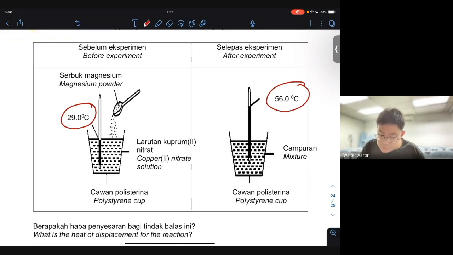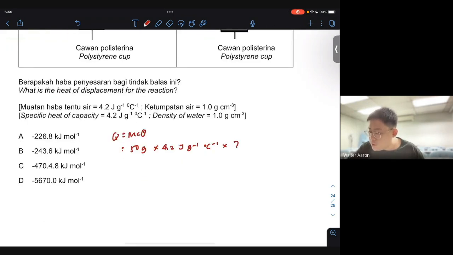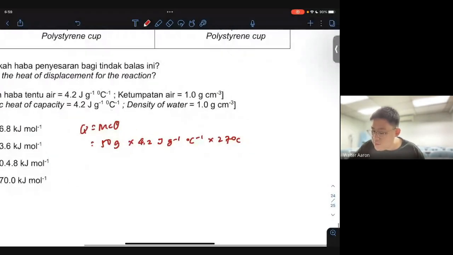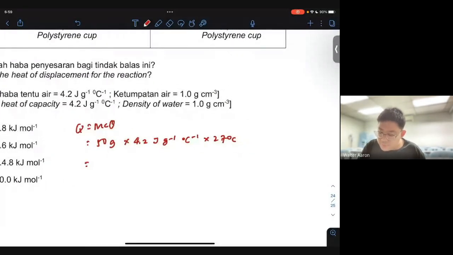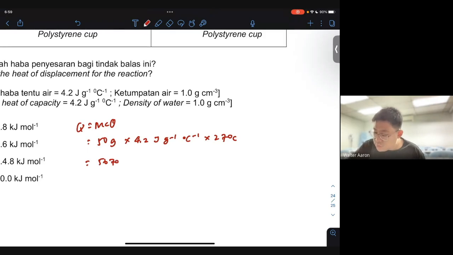So 56 minus 29, you will get 27 in total. So the increment in temperature is 27 degrees Celsius. Just multiply everything together, 50 times 4.2 times 27. So the answer here will be 5670 joules.